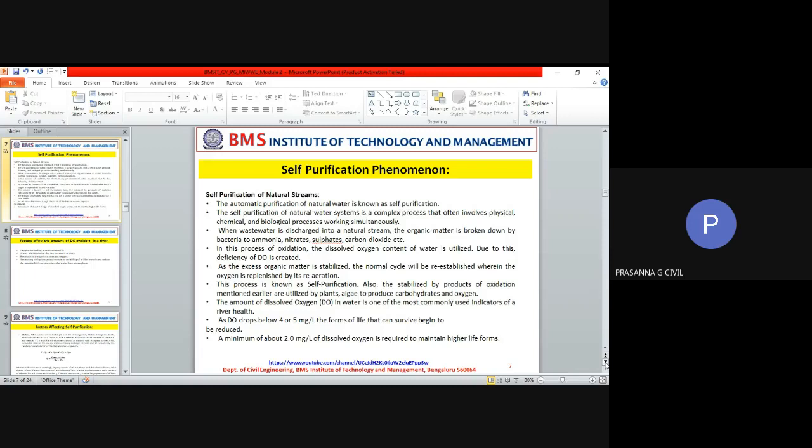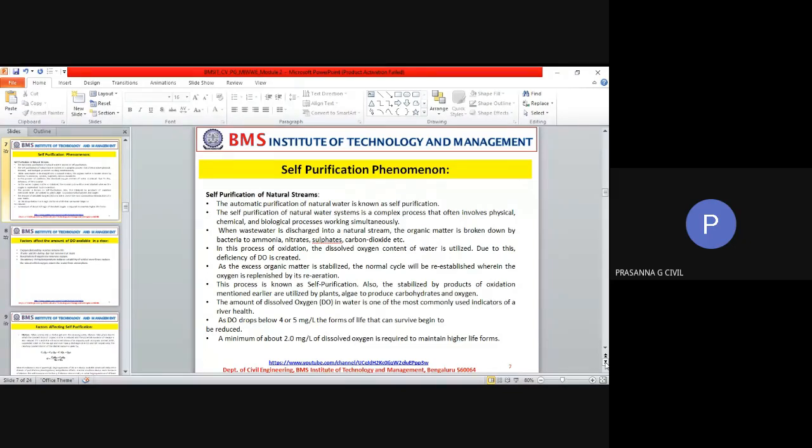So indirectly, the BOD gives you the amount of oxygen that is getting utilized for degradation purposes. So when the organic matter gets stabilized, initially when you are adding the waste, at that point there will be a rise in pollution concentration. But as the water moves along in different stages, we will come to what the zones are after this.